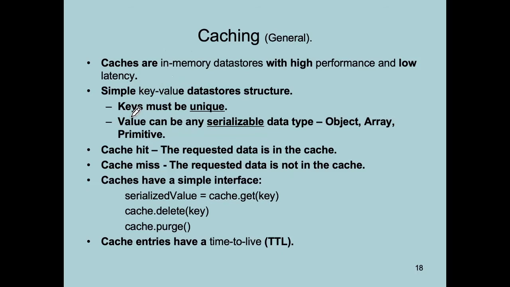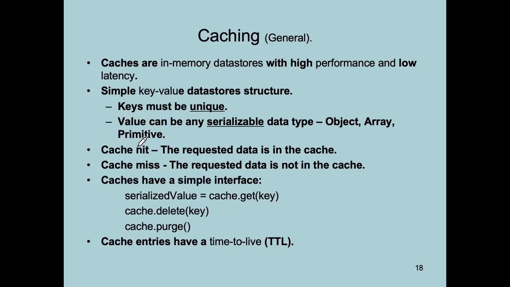As long as the value is serializable, it's acceptable as a value within your key value store. So one value in the case of our Movies app might be an array of movies from the Discovery endpoint. Another value might be the details of a particular movie. Another value might be a movie review, and so on.